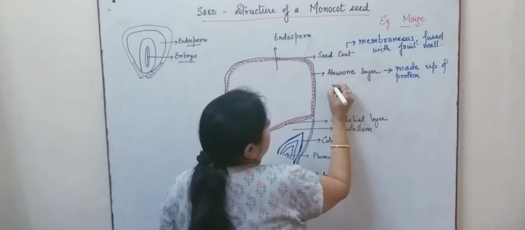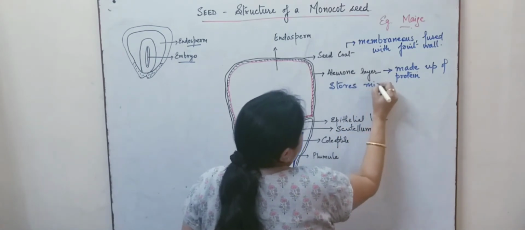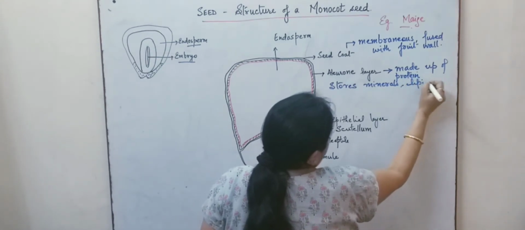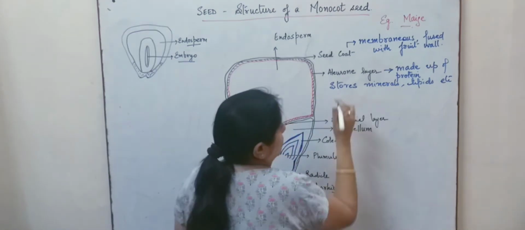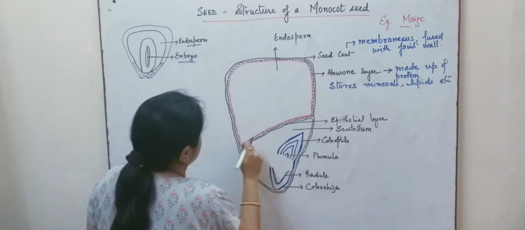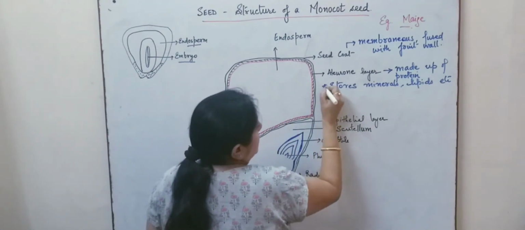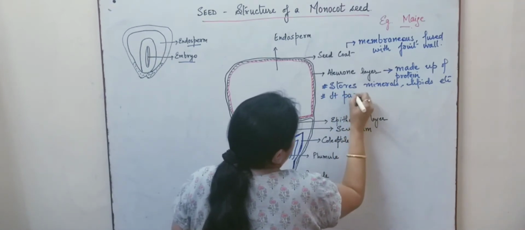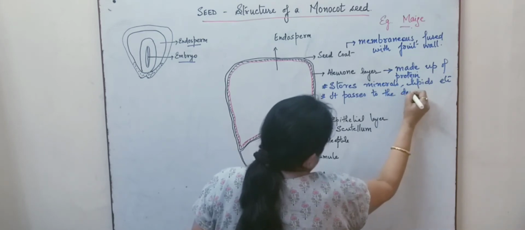It actually stores minerals, lipids, etc. and provides them to the embryo. This red layer which you see over here is the aleurone layer, and it is important because it passes the nutrition to the developing embryo.